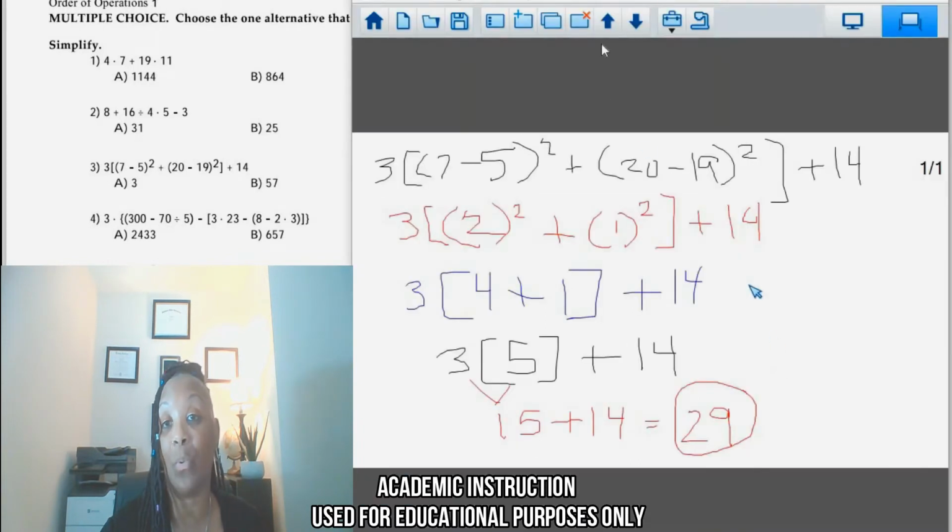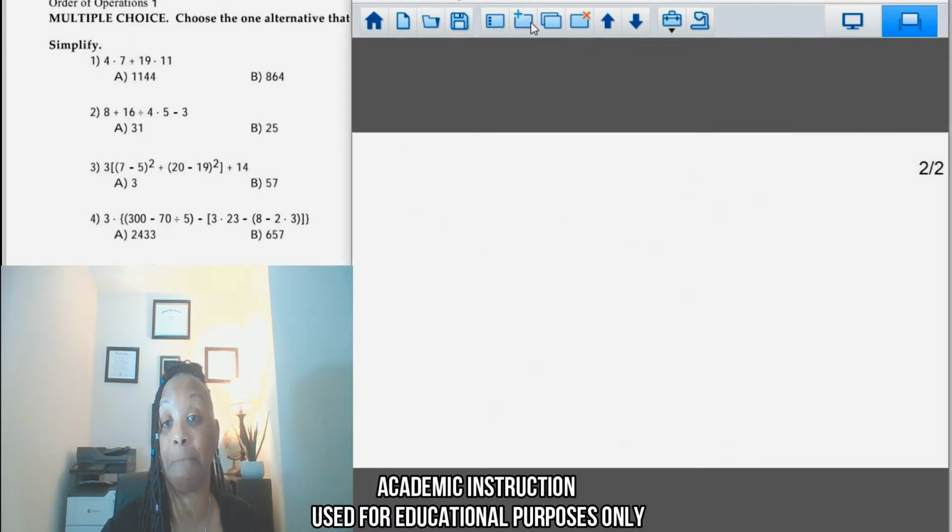I'm going to bring up my board, clear my whiteboard. Okay? And now we're going to look at problem number 4. So for problem number 4, let's talk about what we have first. We have 3 times, and then we have our brackets.